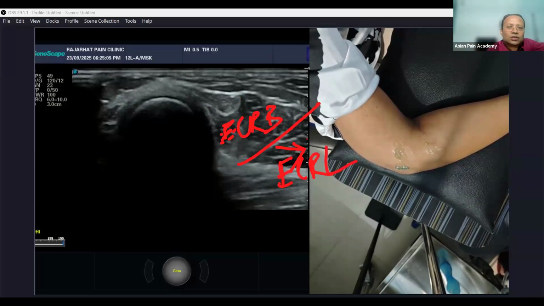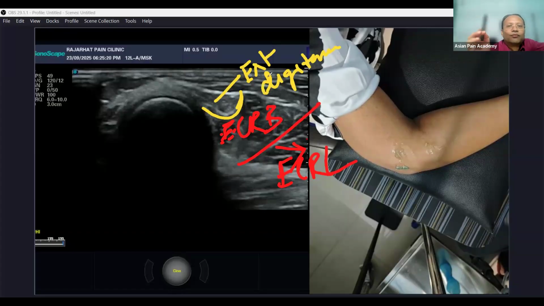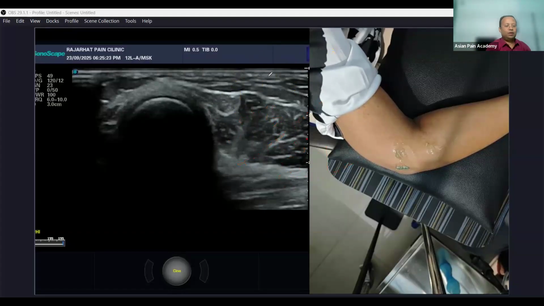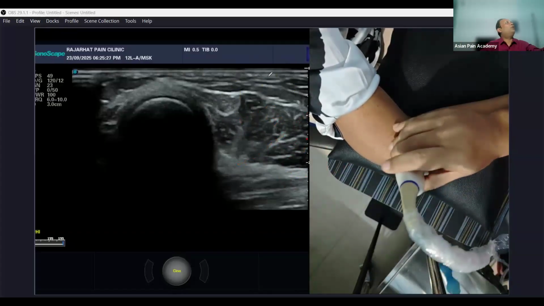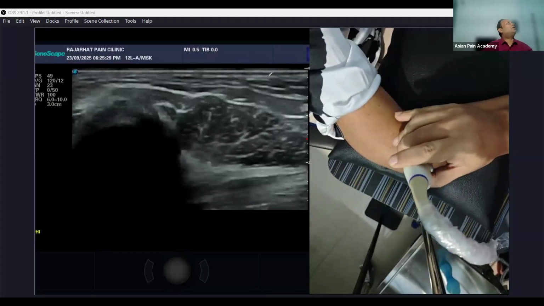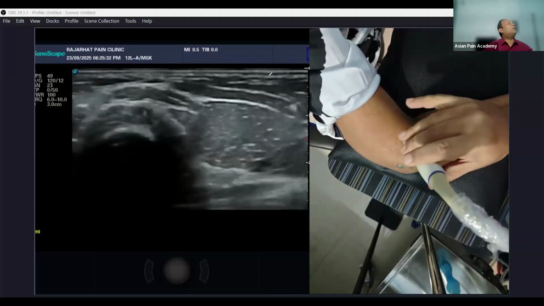Anyway, as soon as you find the scorpion tail, you know one side is ECRB, and the other side is the extensor digitorum. So this much we can understand.